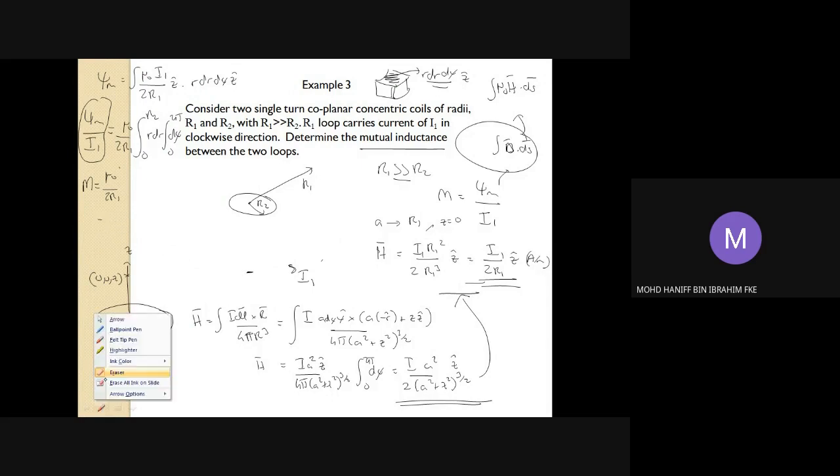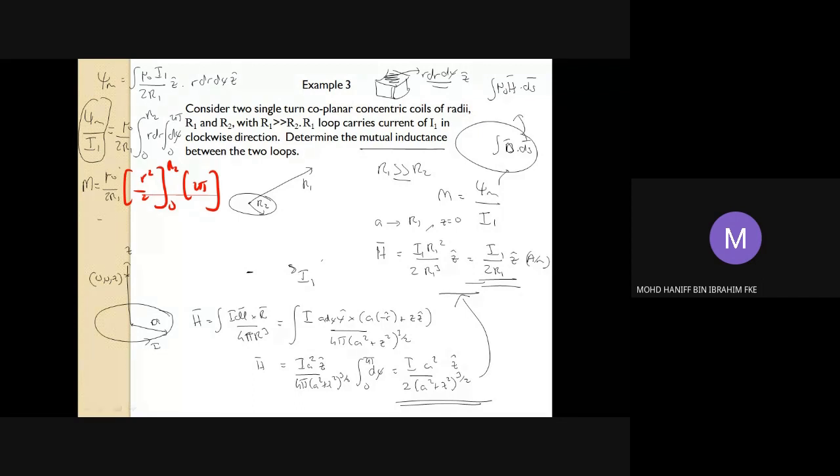All right, so we have r squared over 2 from 0 to R2, that should be 2 pi. A few things can be cancelled out, the 2 pi, so we're going to have mu naught over 2R1, so that should be R2 squared pi.